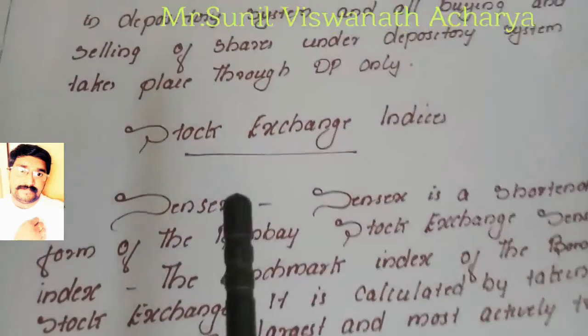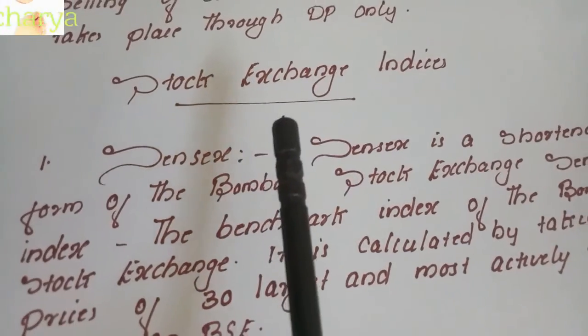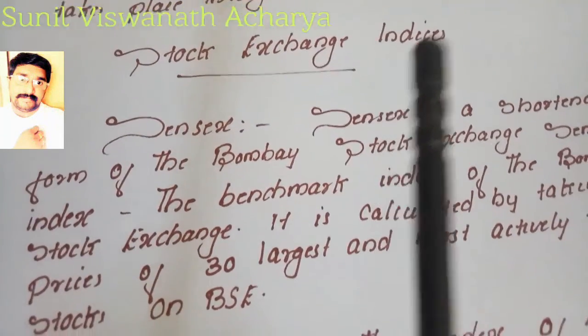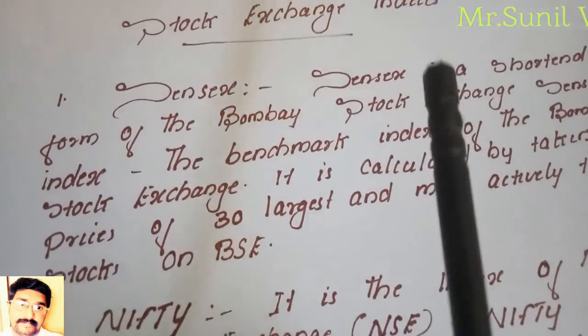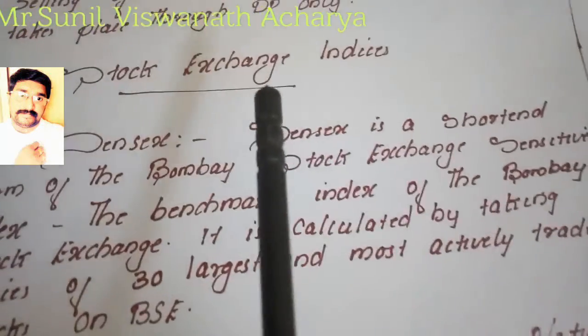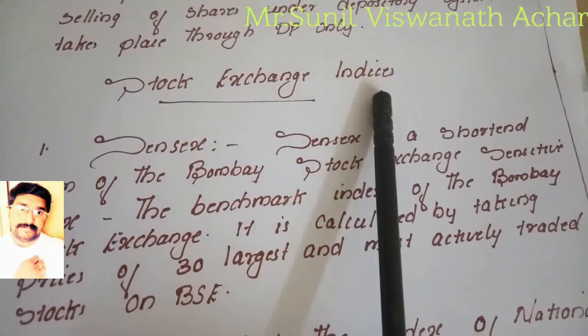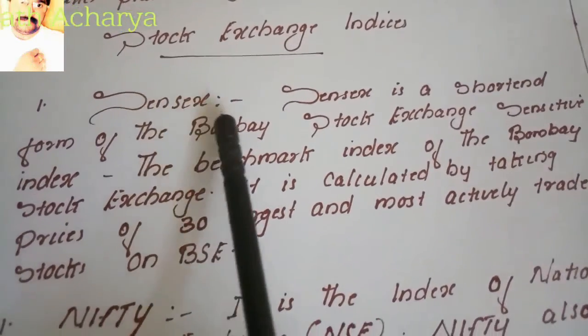Now we can discuss the indices of stock exchanges. Here we are talking about the two major stock exchanges: the National Stock Exchange, NSE, and the Bombay Stock Exchange, BSE. You heard about Sensex, right?